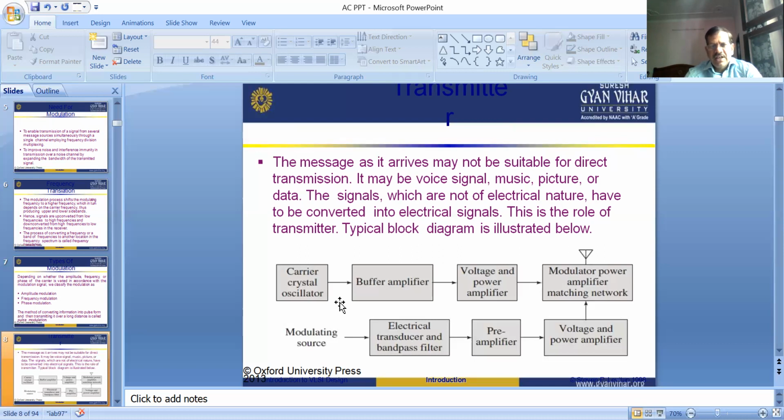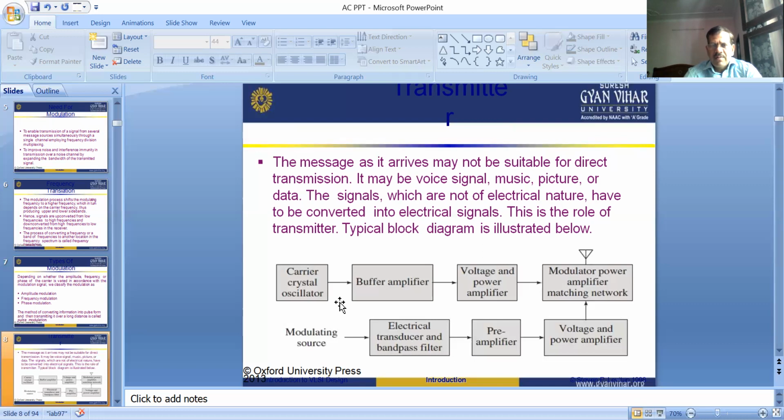Next, the signal is transmitted to the voltage and power amplifier. There are different types of power amplifiers, such as class A, class B, class C, or push-pull amplifier. In this transmission system we generally use a push-pull amplifier, which is more beneficial compared to class A, class B, and class C power amplifiers.